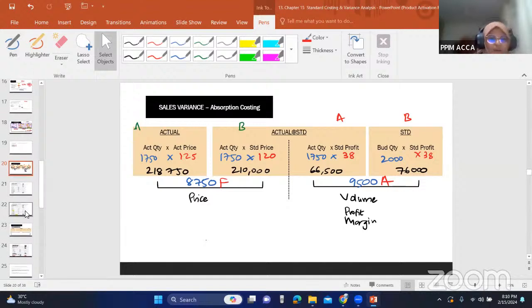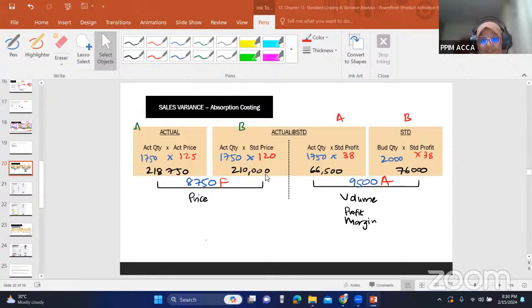And then now we have to do something called the adverse favorable part again. So it's simple. It's like this. We have to first decide which box is budget and which is actual. And remember in the sales variance, actual and standard by default it's divided into two.